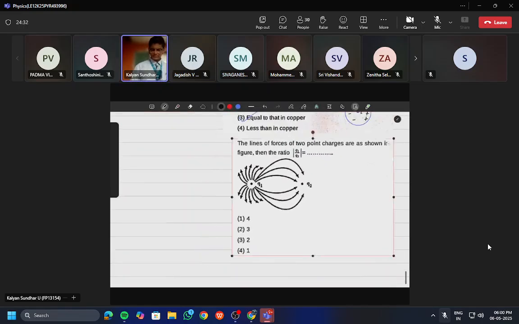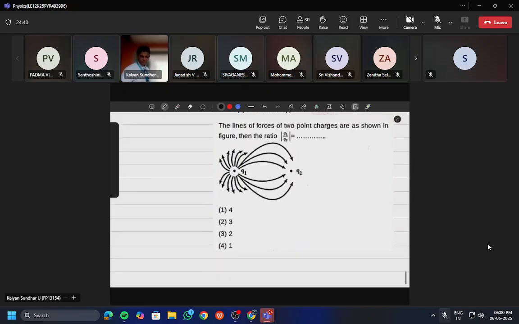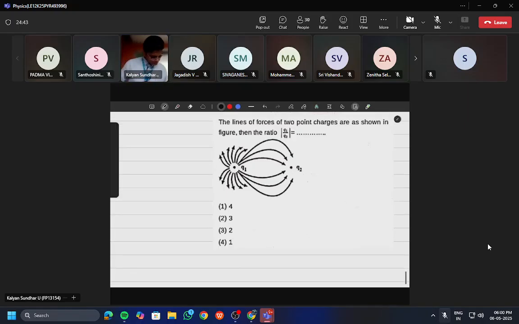Right. So this one is again easier. Lines of force of two point charges are shown in the figure. Find the ratio Q1 is to Q2. The number of field lines will be equal to the magnitude of charges.